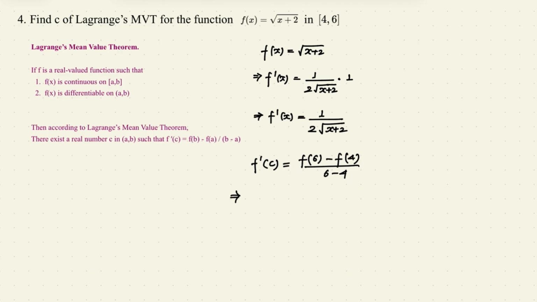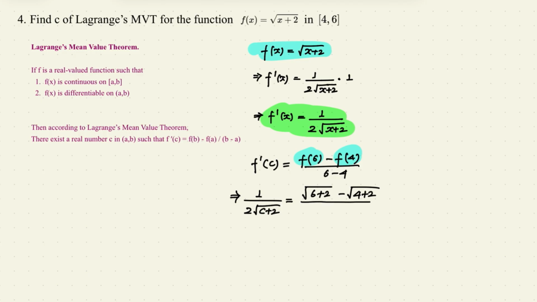Now the value of f dash of c, looking here, will be 1 by 2 root over c plus 2, which will be equal to the value of f6 and f4, that is square root of 6 plus 2 minus square root of 4 plus 2. 6 minus 4 is 2. So here 2 and 2 got cancelled.